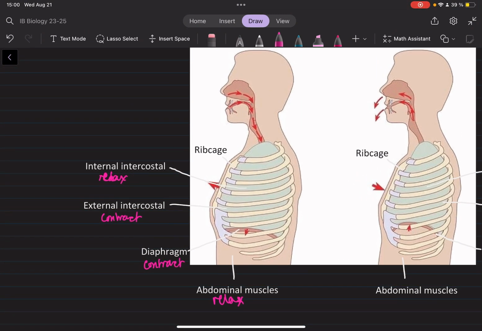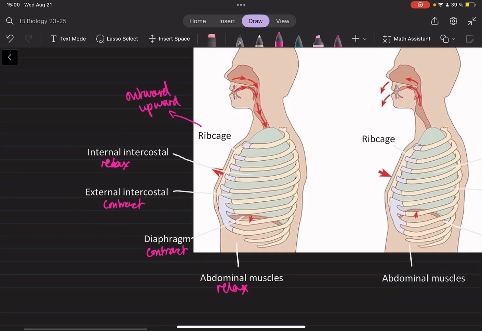And what happens when your external intercostal muscles contract is that it causes your rib cage to move outward and also upward. When your diaphragm contracts, it causes it to move downward.